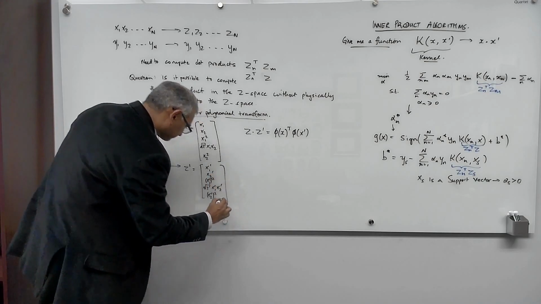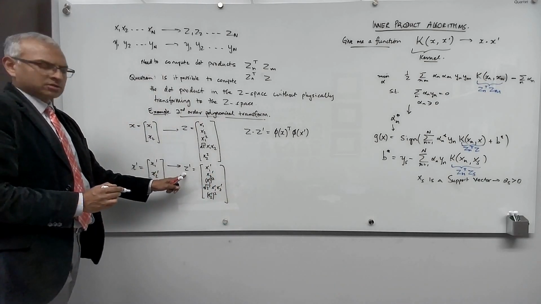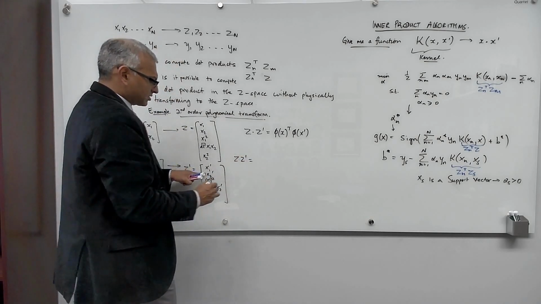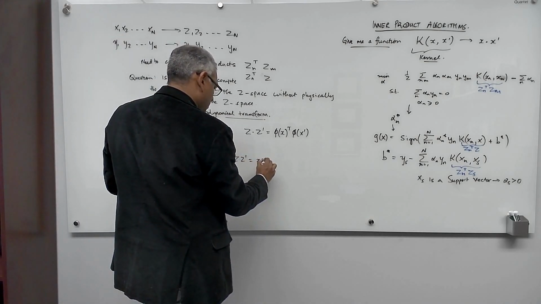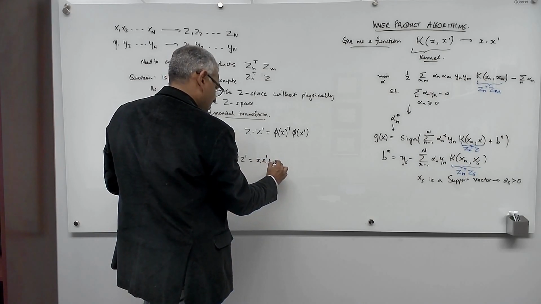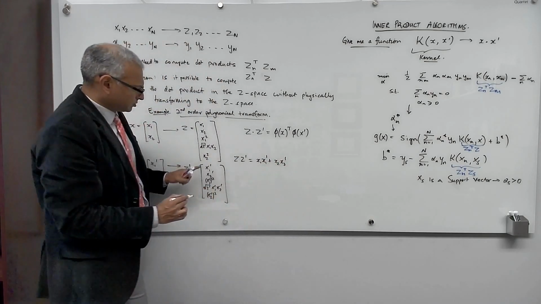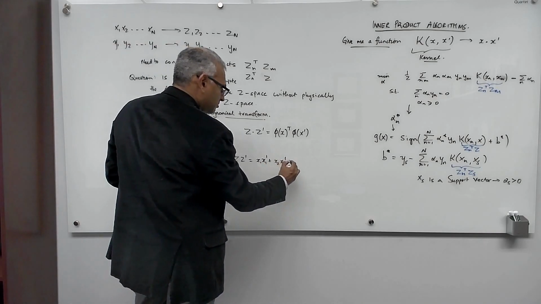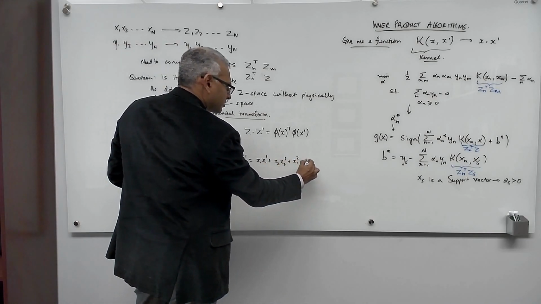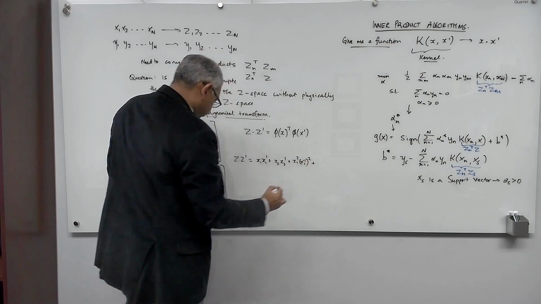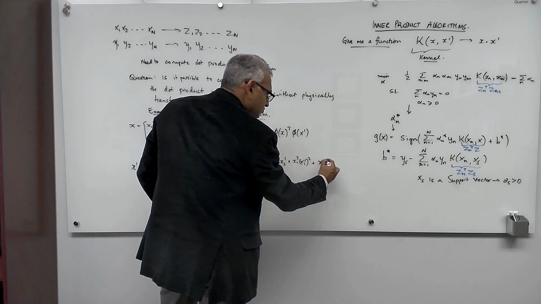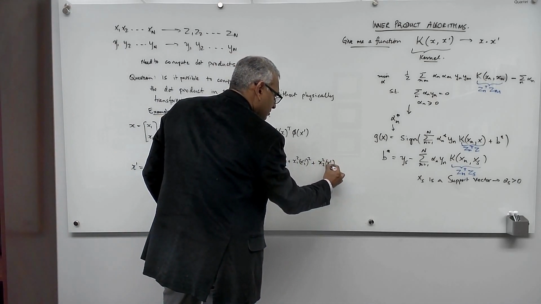Okay. So if I take the dot product of these two, z dot z prime is just exactly equal to x1 x1 prime plus x2 x2 prime plus x1 squared x1 prime squared plus x2 squared x2 prime squared.